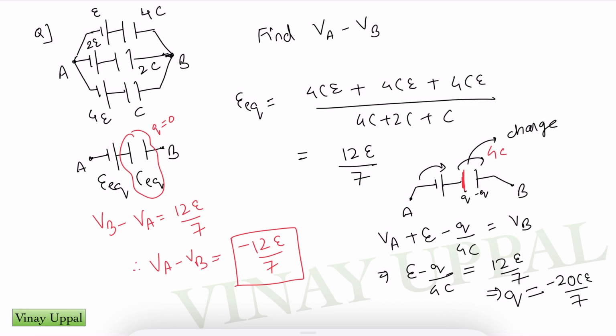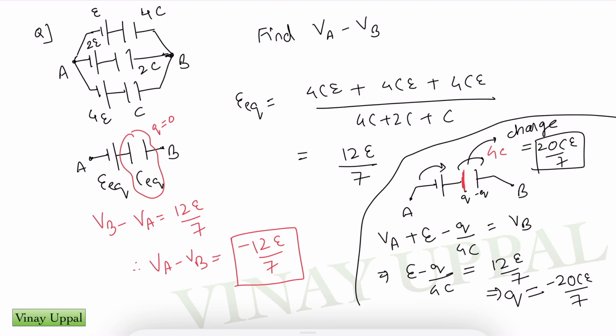So if they just ask you the charge on the capacitor, that will be 20 CE by 7. And specifically the left plate will be negatively charged, the right plate will be positively charged according to the sign that we have gotten here. So I hope you understood how we can calculate the charge on any capacitor as well.